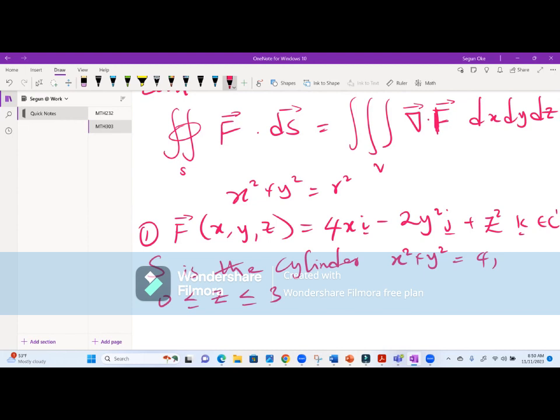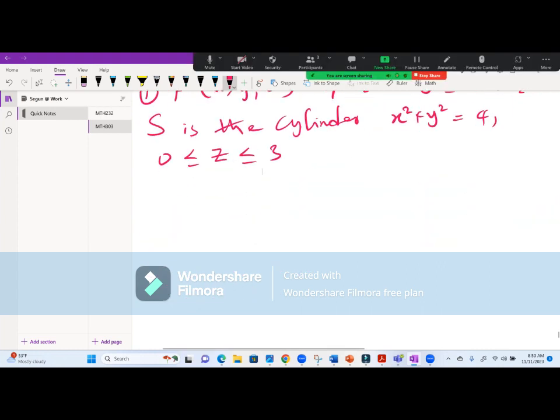Let's first get the flux, but before then, let's look at the cylinder in the diagram.